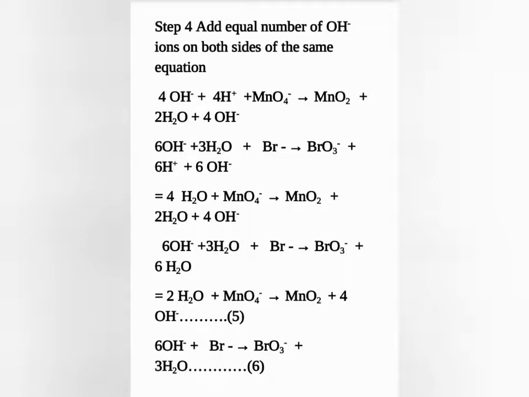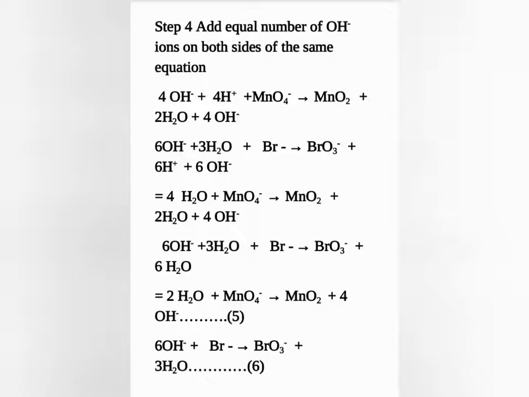And the fourth step is where the change comes: add an equal number of OH minus ions on both sides of the same chemical equation. In the first half reaction we have added 4 H plus, isn't it? So we have to add 4 OH minus ions on both sides, that is, left hand side and right hand side. So the first half equation becomes 4 OH minus plus 4 H plus plus MnO4 minus gives MnO2 plus 2H2O plus 4 OH minus ions.